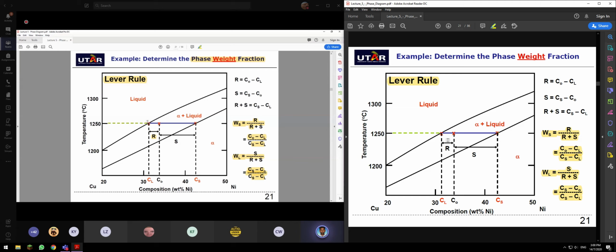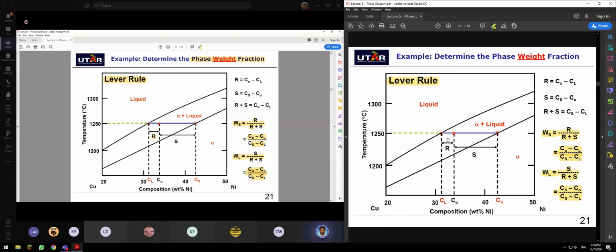Let's look at the weight fraction for solid. If they ask you to find the phase amount of solid, it is the difference between this divided by the difference between R and S.